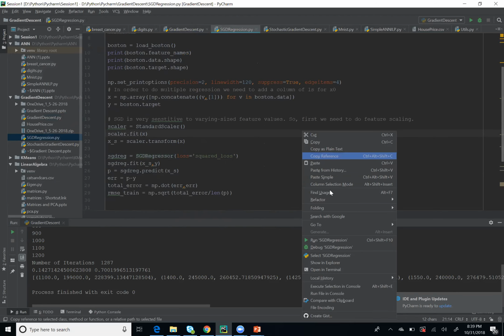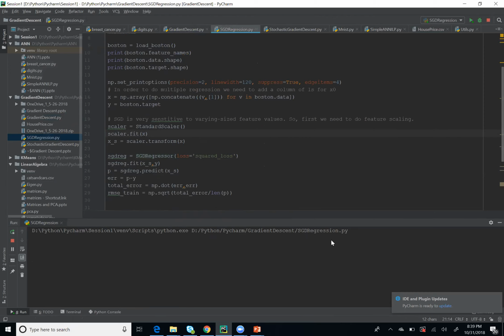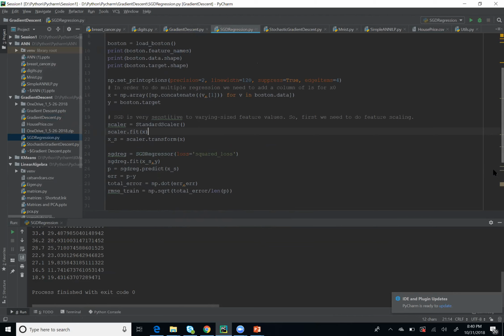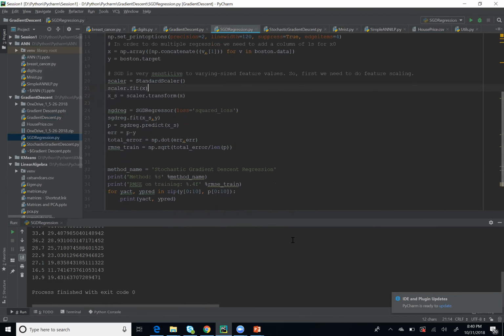If you run this, you will see the linear model. Every time it fits the model, it will keep on reducing the error. This is y and y predicted.